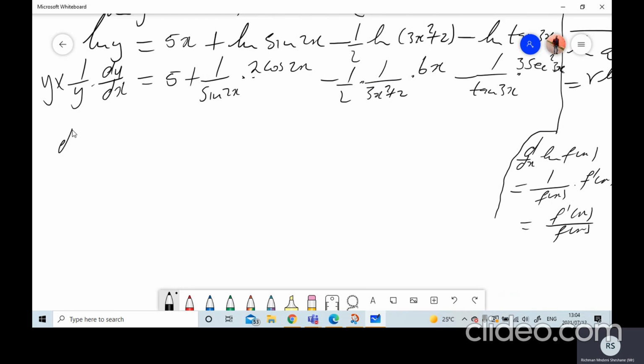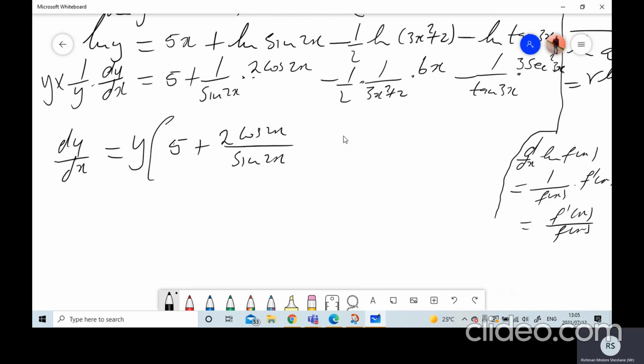We're going to be left with dy/dx equal to y multiplied by 5 plus 2 cos 2x over sine 2x, minus 2 will cancel with the 2 here, we're going to be left with 3.